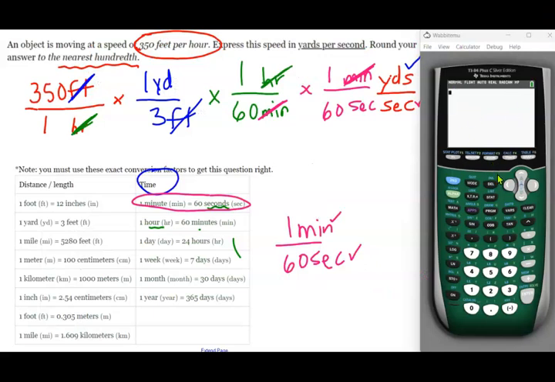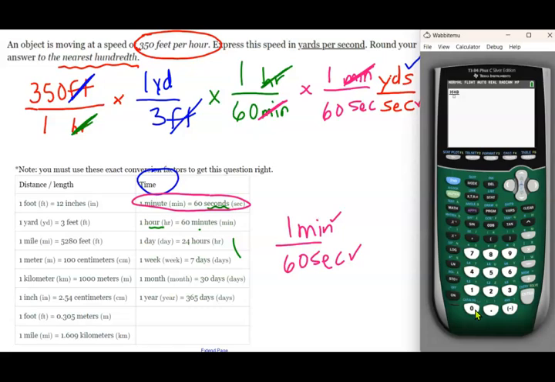Okay, I've got my calculator over here on the right, and I'm going to make one giant fraction, and I'm going to put all of the math from my numerator and all of the math from my denominator. So let's see, my numerator has 350, and then it has times 1, times 1, times 1. So I could write that, or I don't have to.